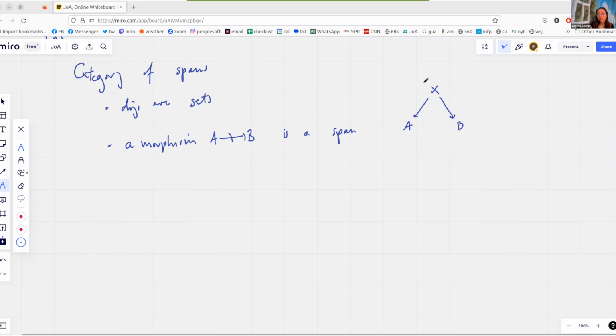But a lot of categories that we end up working with that aren't small are locally small, so that's okay. For example, the category of sets itself: the collection of objects is all the possible sets, and that's not a set. That's a classic example of something that is too big to be a set, to avoid Russell's paradox. But given any two sets, the functions between them form a set. And so that is locally small.